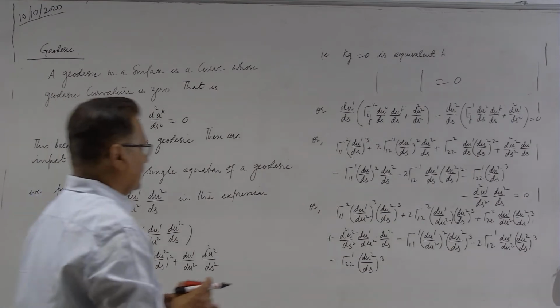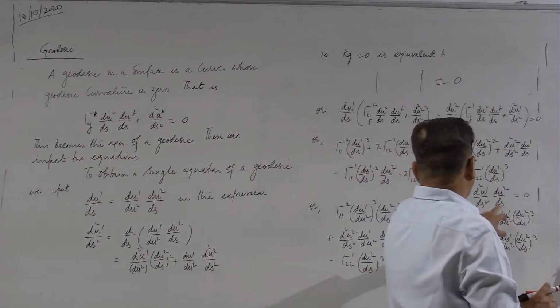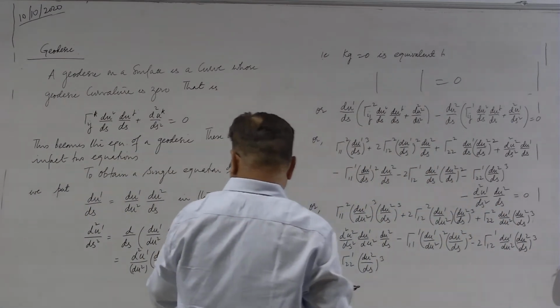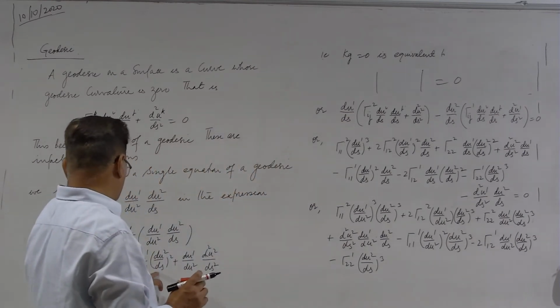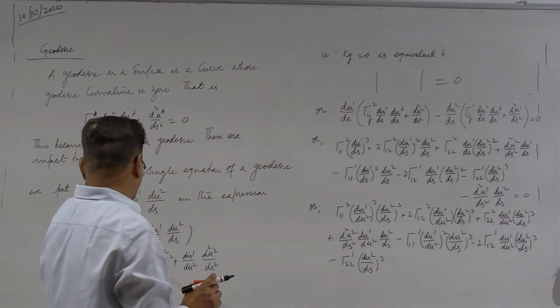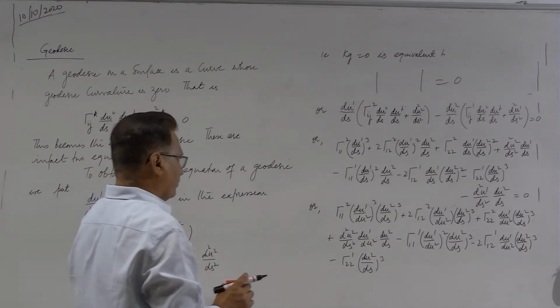So, this term will be multiplied by du2/ds, so this one will become cube, and minus sign will come.